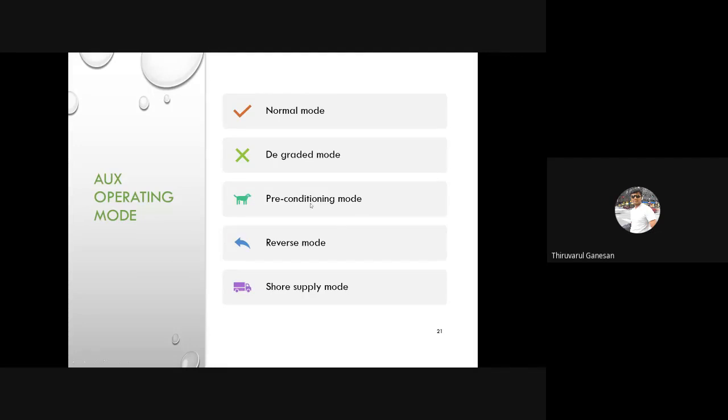So there is a preconditioning mode, and a reverse mode. It is something due to some emergency condition, if the train got isolated or any fault in the two auxiliary converters. For example, in Chennai Metro, there are two auxiliary converters. If in an unavoidable situation both auxiliary converters fail, you cannot drive the train. Maybe if it is stopped on the elevated route, we have to evacuate all the passengers safely.